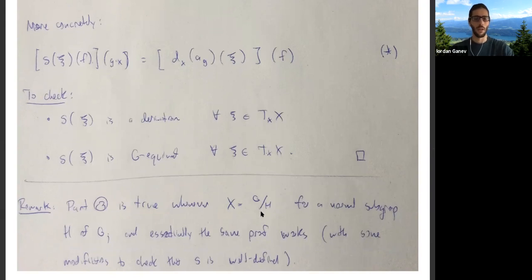You have to modify things in certain places to make this map S well defined, but you get the same result that equivariant vector fields on X in this case would just be determined by their value at a point. Of course, if H is normal, then G mod H will be another group. So you can think about it from that perspective, but it's still true. This is just a remark.